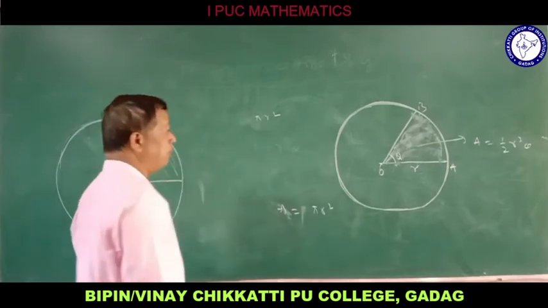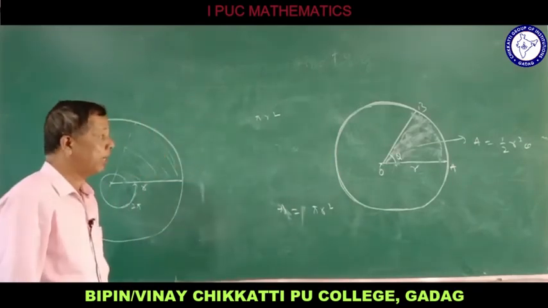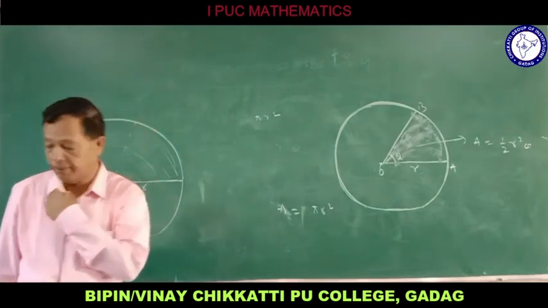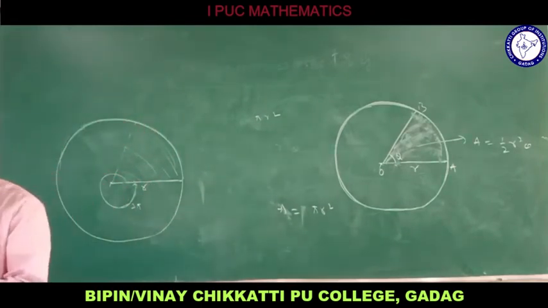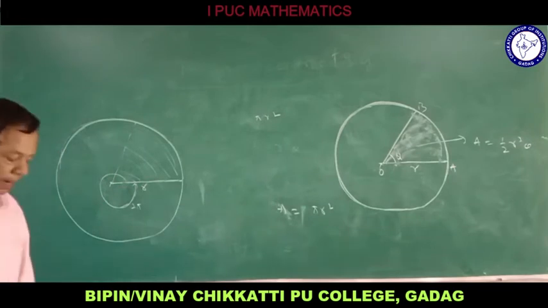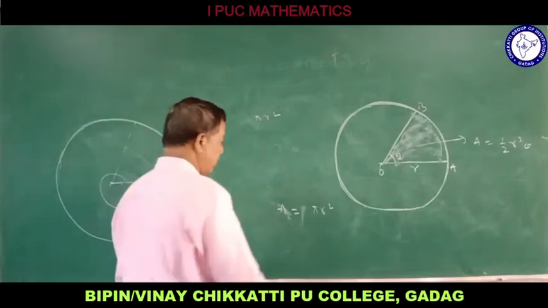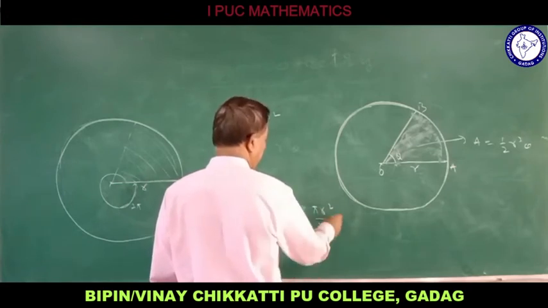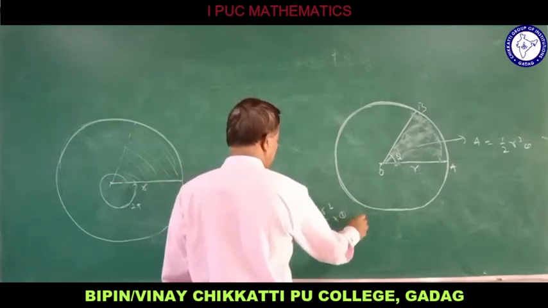But now we have to take the angle subtended, that is theta. So for the area of the sector, when the full angle is 2 pi radians, here the angle is theta.